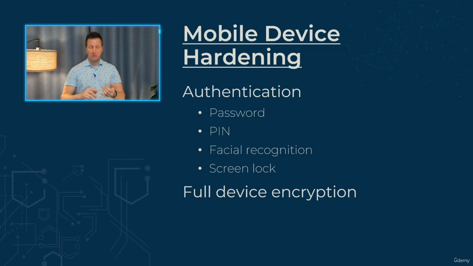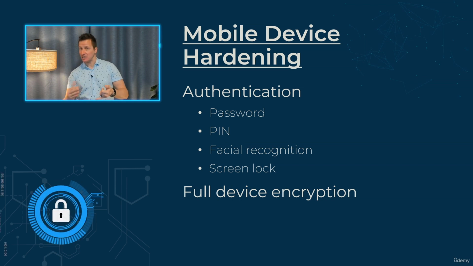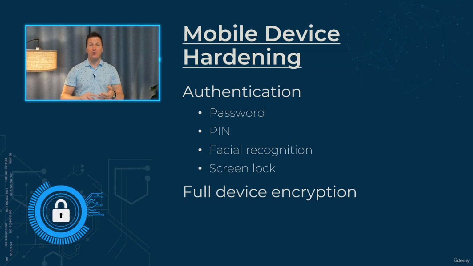We already know that part of hardening or reducing the attack surface includes strong authentication mechanisms. So using a complex password if that's how you're signing into your phone, or using a hard-to-guess PIN, or enabling facial recognition or fingerprint scanning, that type of thing.